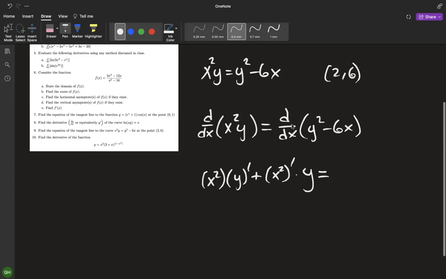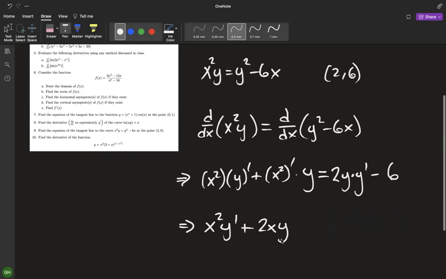This is equal to the derivative of y squared, which is just 2y, and then whenever I take the derivative of y, I've got to use y prime because chain rule. And then the derivative of negative 6x is just negative 6. All right, so this becomes x squared y prime plus 2xy equals 2y y prime minus 6.